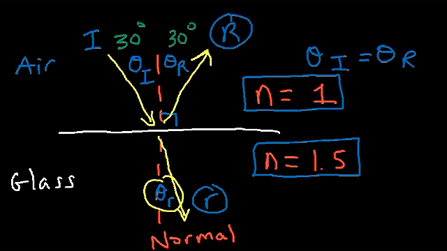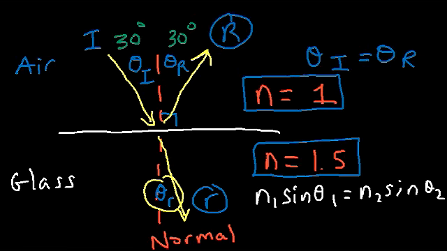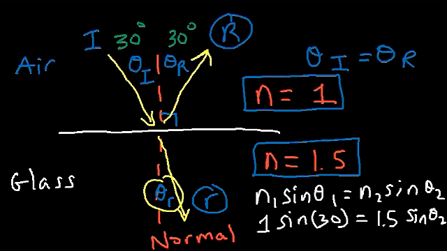The equation that we need is n1 sine theta 1 is equal to n2 sine theta 2. Let's say 1 is for air, 2 is for the glass. So n1 is 1 times sine of 30, which equals n2, which is 1.5, times sine theta 2.